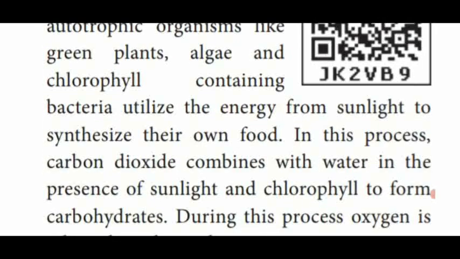For this photosynthetic process, these plants require carbon dioxide from the atmosphere, water from the soil, and sunlight from the atmosphere, and the chlorophyll which is present in the green colored plastid called chloroplast.